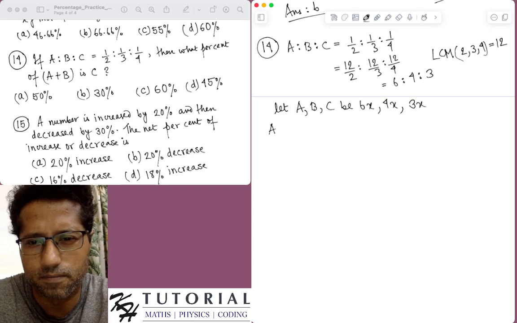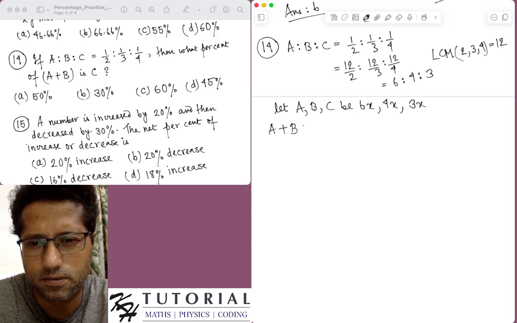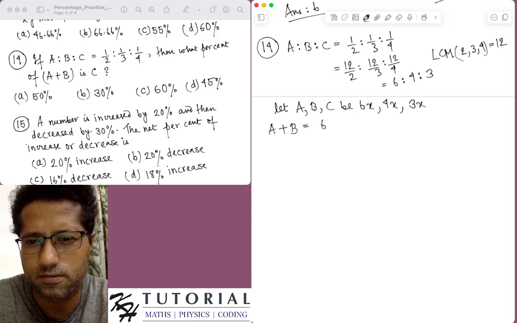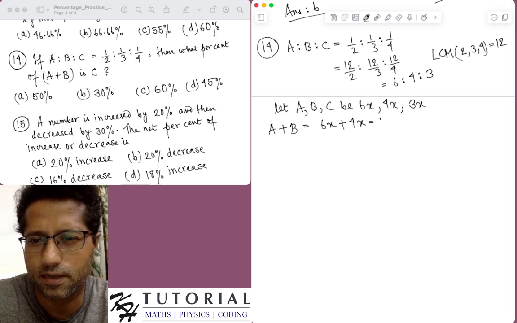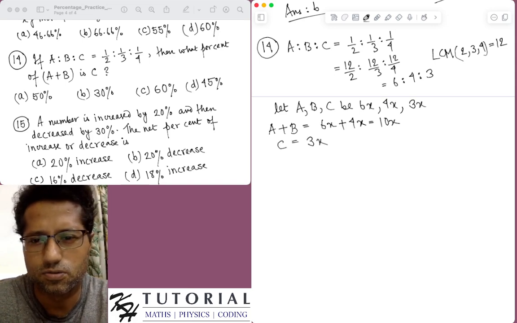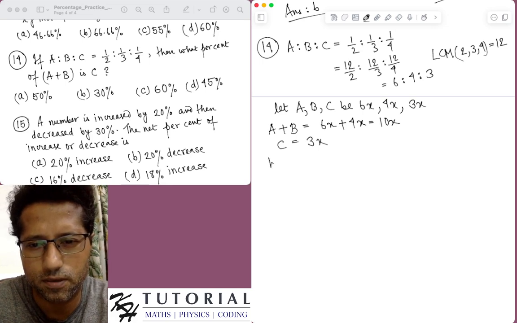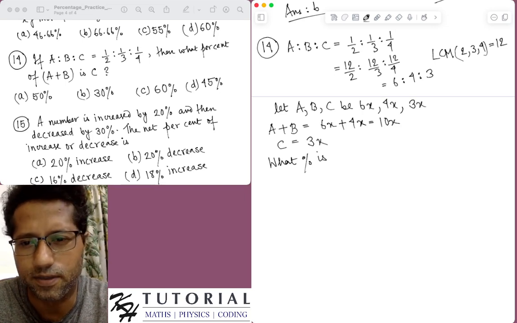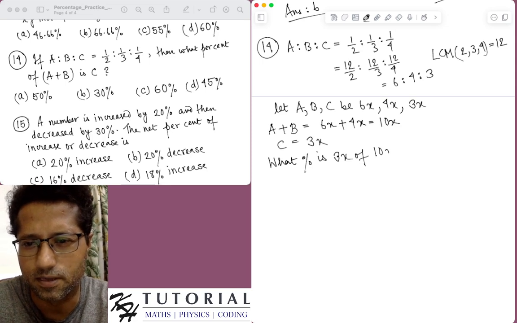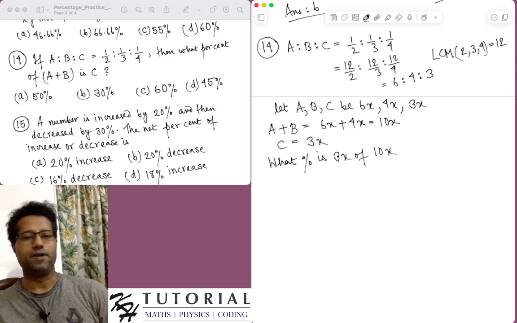A plus B is 6x plus 4x equals 10x, and C is 3x. So we have to find now what percent is 3x of 10x.